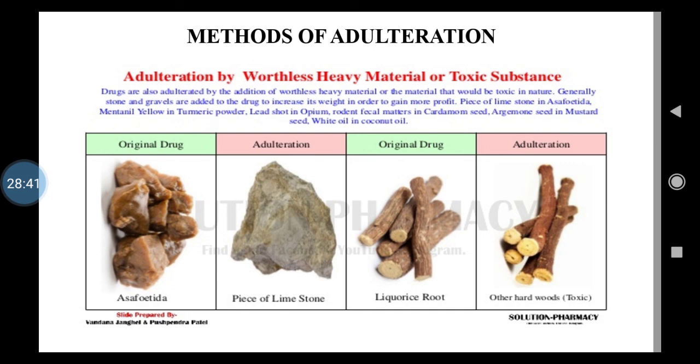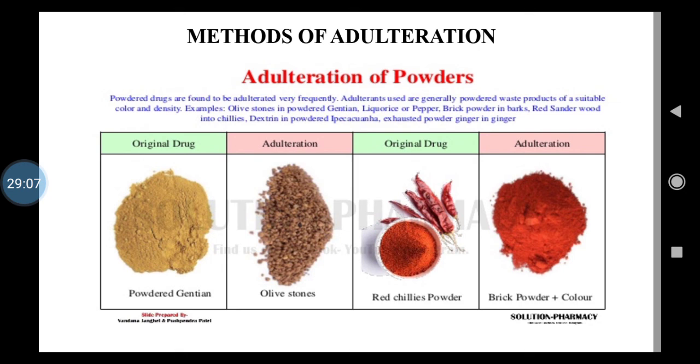Then the other example is colophony, where pieces of amber colored glass are mixed with colophony. White oil can be mixed in coconut oil. So this is about the worthless heavy material adulteration.